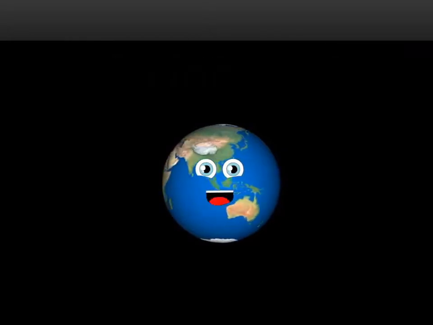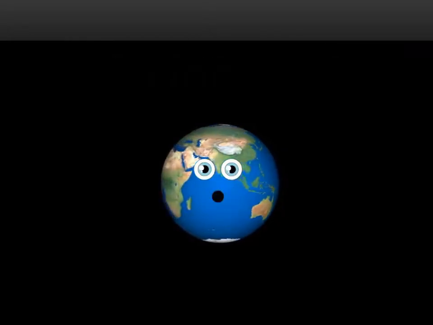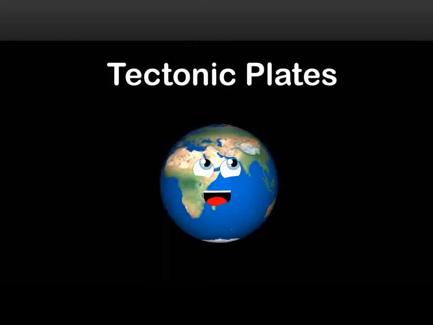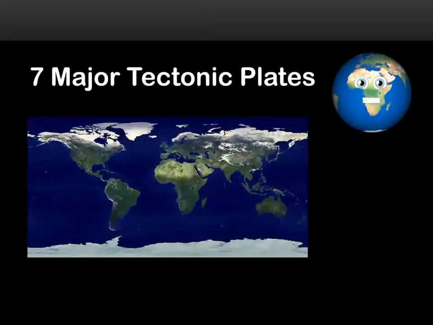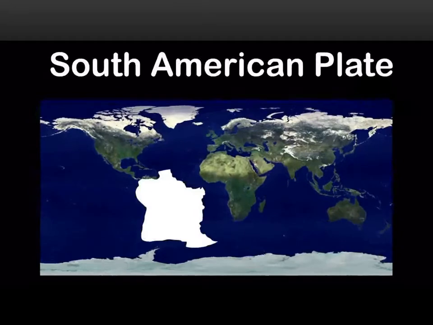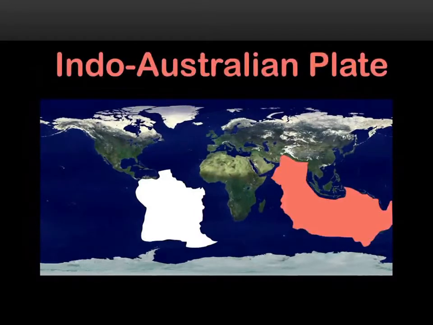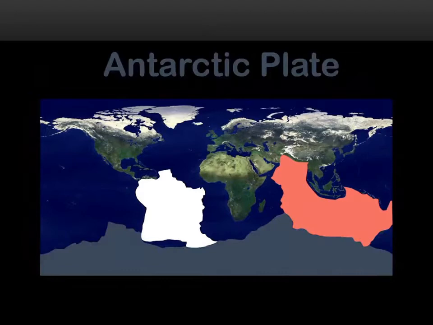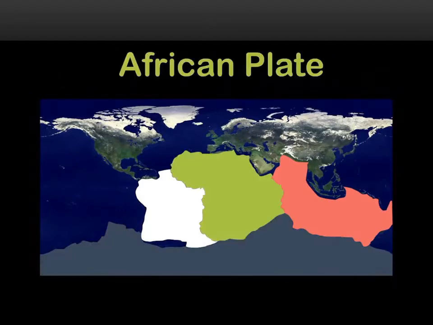What is an earthquake and where can they be found? Most are found between tectonic plates. 7 major tectonic plates cover our Earth, you see. These are the names of those plates and where they can be seen. This is the South American and Indo-Australian, the Antarctic plate, and the African is great.